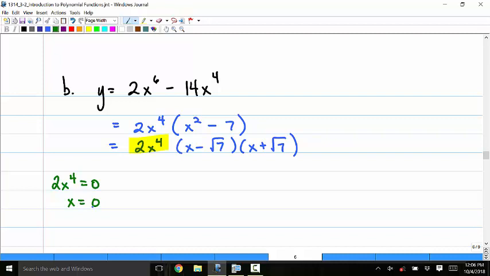If I set x minus root 7 equal to 0, x equals root 7. If I set this equal to 0, I get x plus root 7 equal to 0, x is equal to negative root 7. What is the square root of 7 approximately equal to, guys?